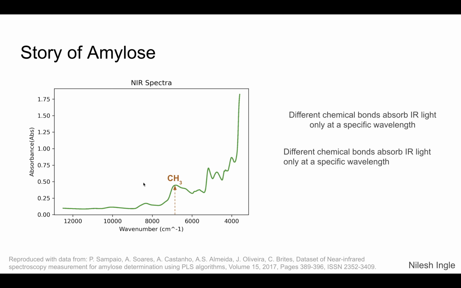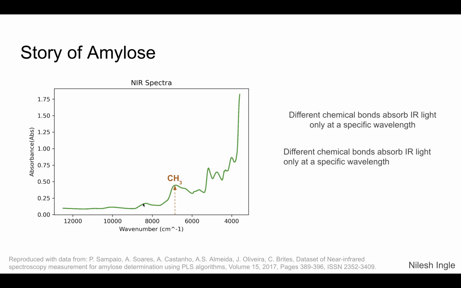The idea here is that when you shine the light on the rice grain, some of it will get absorbed, and this particular plot shows what chemical bonds within the rice grain absorbed that wavelength of light.